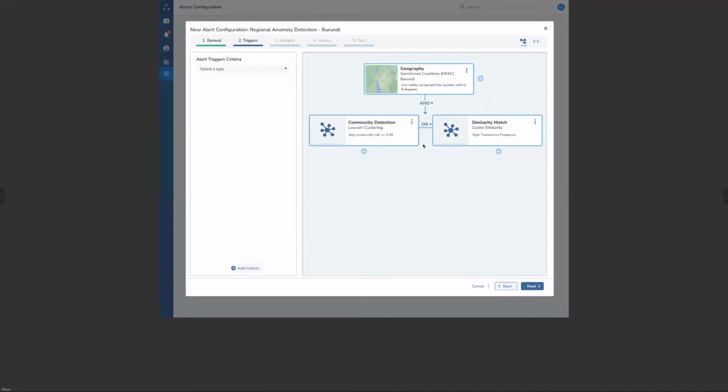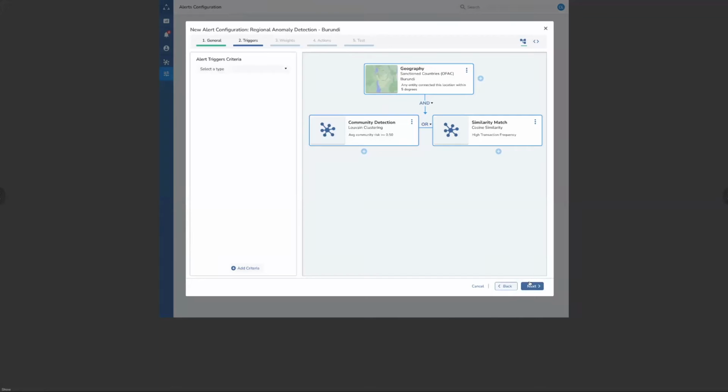So I can start to add some logic in here and say, not only do I want to detect that, but I also want to see anything in that area that has a high level of frequency of transaction. And basically what it will look at is a pattern in the data. So a time constrained pattern that says within this time frame, I want to see if there are transactions that are firing in a certain amount of time in rapid succession.